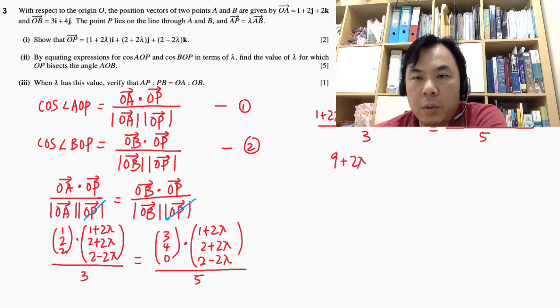Just let me check one more time, as I previously made a lot of mistakes. Okay, I have made the corrections there. Hopefully you noticed some of the errors there. So 9. Okay, cool. And then next we have here 11 plus 14 lambda over 5 there. Okay, so from here we can cross multiply this.